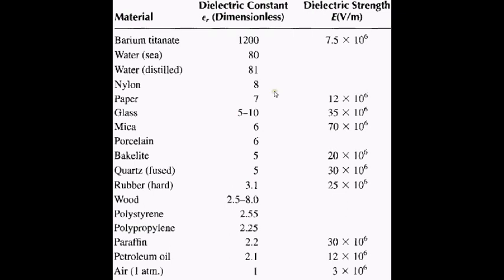Here in the table we can see that water has a very great value. Hence the dielectric constant or relative permittivity of water has a very great value compared to the others. Therefore water is a universal solvent.